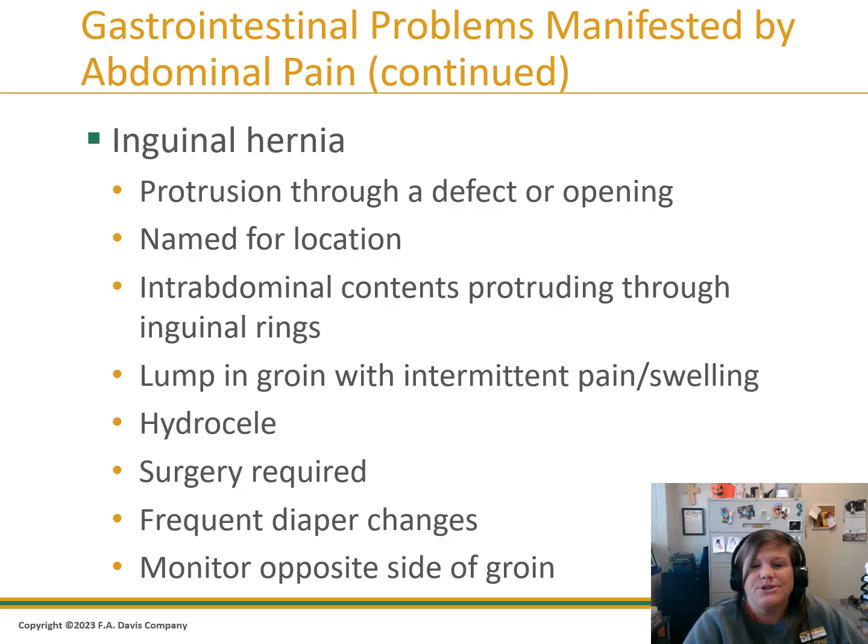It's intra-abdominal contents that's pushing through these inguinal rings, and it'll manifest as a lump in the groin. Usually in a similar location to where we would see the scrotum on the patient. The scrotum is obviously beneath the penis. This is actually in the groin area of the patient, and it would be its own lump.